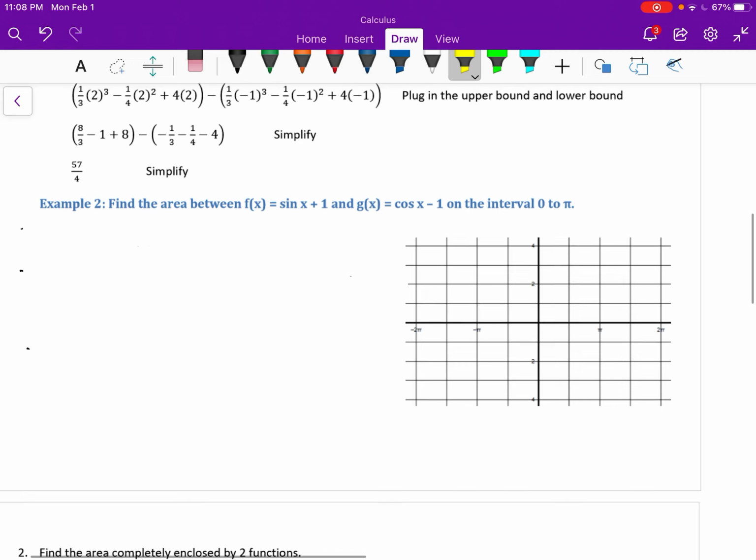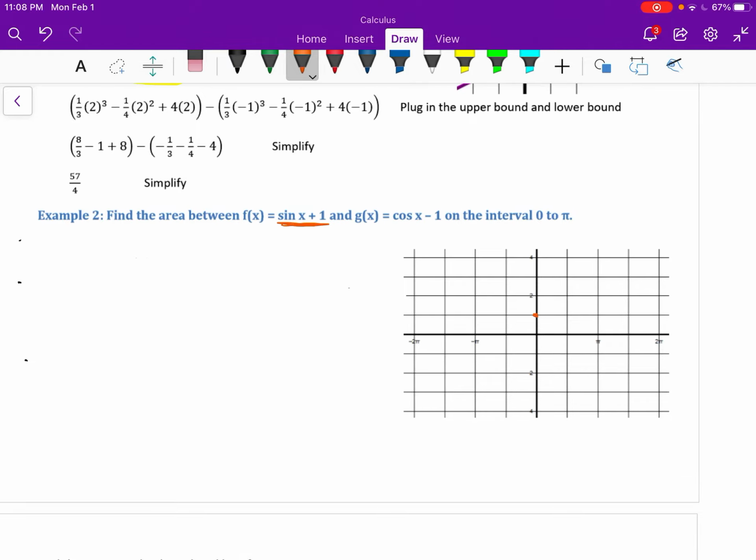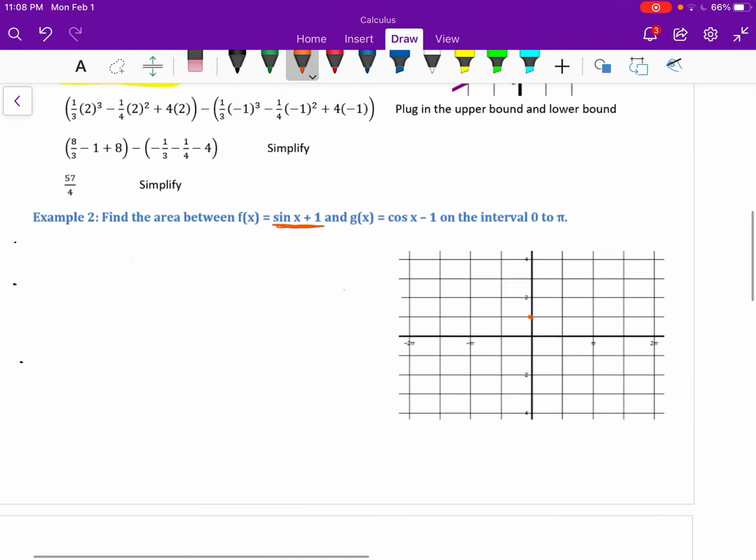This next one, example 2: find the area between f of x equals sine x plus 1 and g of x equals cosine x minus 1 from 0 to pi. We could sketch each of these. So in orange here, we will graph sine of x plus 1. So the whole graph is moved up 1. So instead of going through the x-axis, it will be up 1.